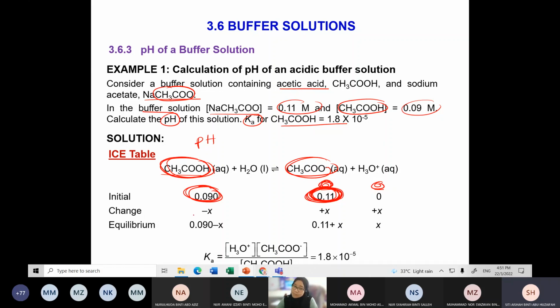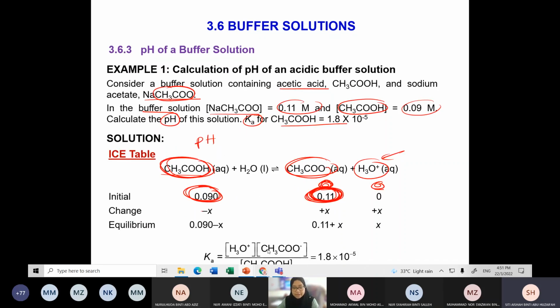When you do the change as usual, negative x, positive x, positive x, the equilibrium is 0.09, the initial minus x, and the initial plus x, x. At the end of the day, what we want is this concentration, the H3O+ concentration. Next we need the Ka.